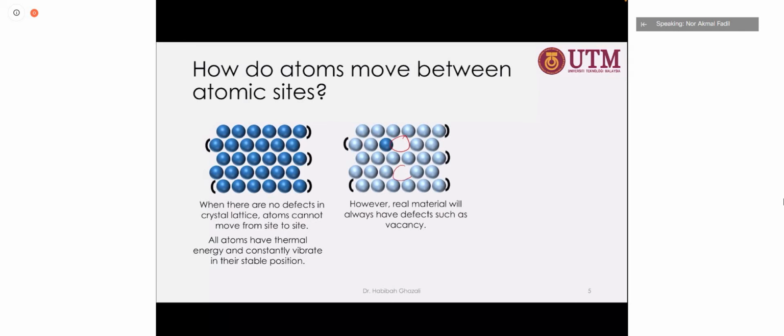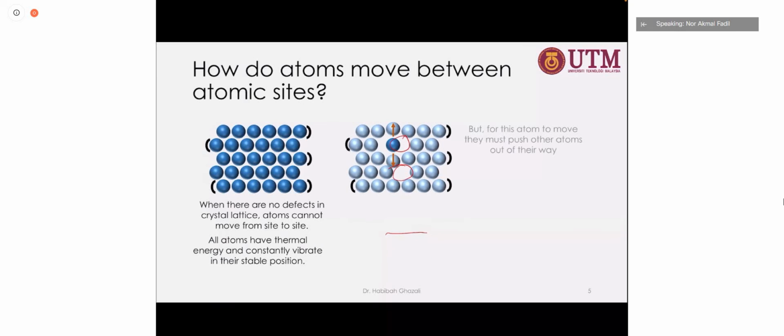Remember, yesterday we learned about defects. This is a vacancy defect. So the vacancy will always be present in the material, and this becomes a starting point for diffusion to occur.